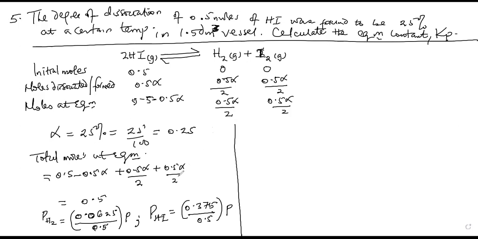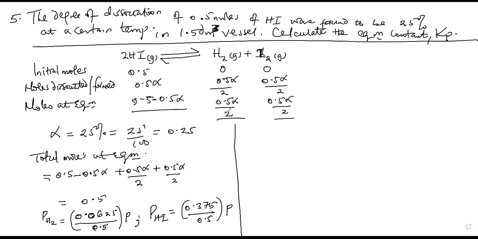Of course, you can get the moles at equilibrium for all of these, then divide by the total moles and multiply by the pressure. I skipped that step, but you can show it. You can write the moles of hydrogen iodide at equilibrium, evaluate; moles of hydrogen at equilibrium, evaluate; moles of iodine at equilibrium, evaluate. Then get the total pressure.